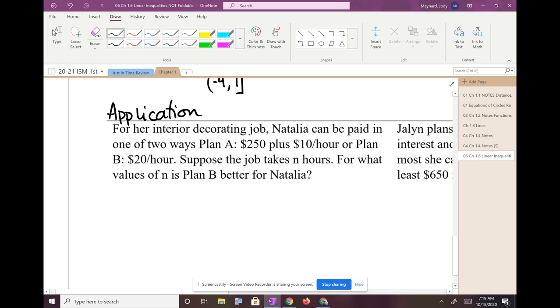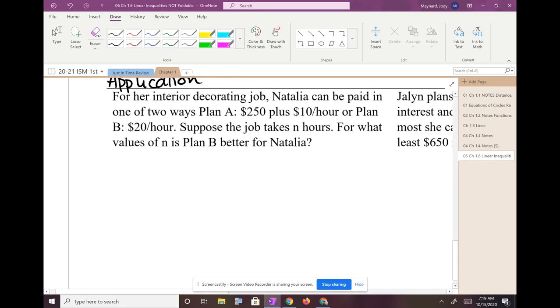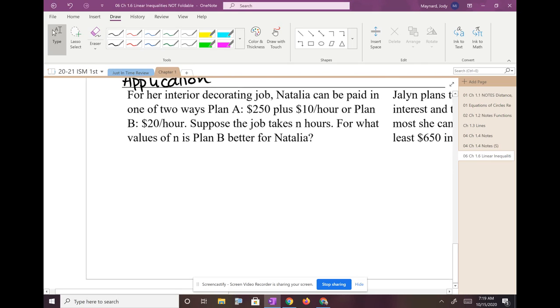All right, so we're going to have two different equations here, right? So we have an equation for Plan A and an equation for Plan B. So here for A, it says $250 to start out with, then $10 an hour on top of that.